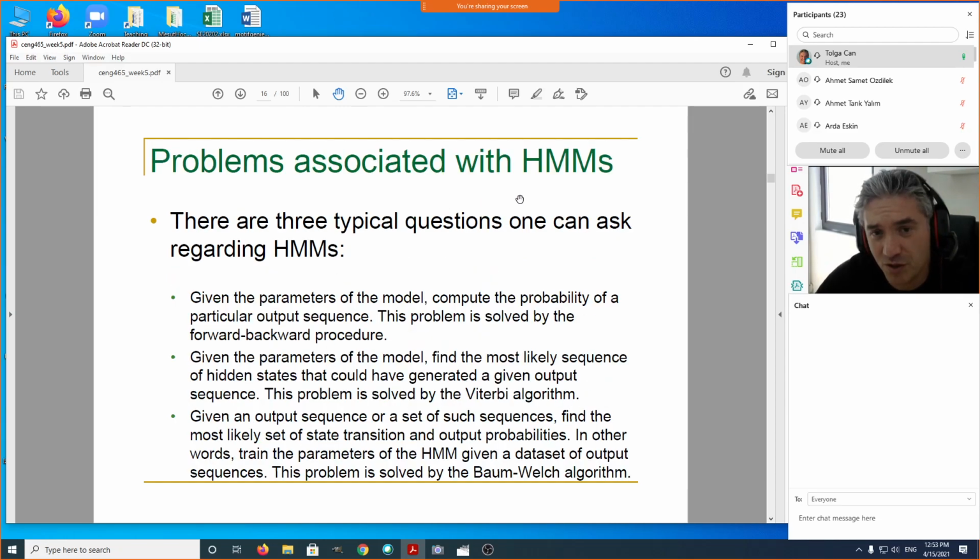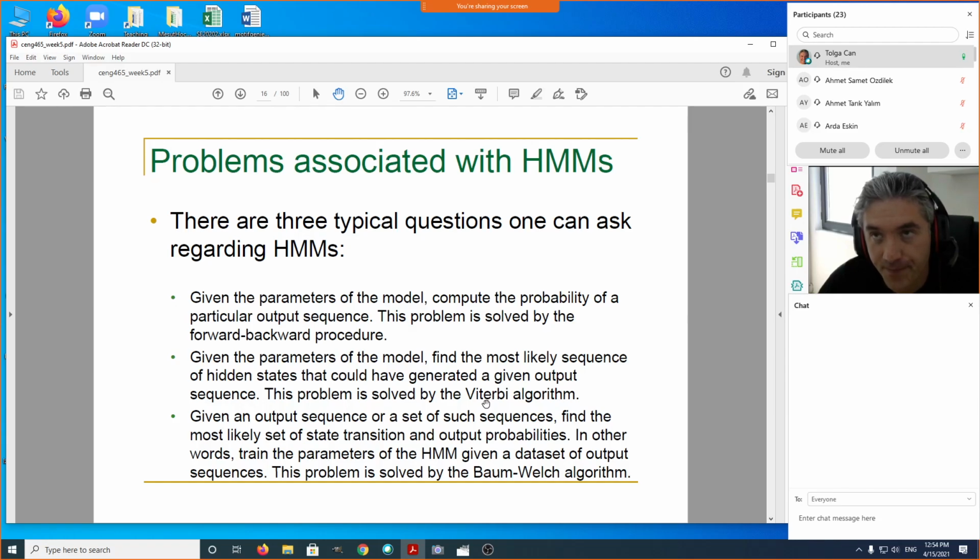Now, the problems associated with hidden Markov models, the questions we can ask, I asked some of those actually. Given a model, we can compute the probability of a particular output sequence. This is like if you observe a zebra for a day, you can compute how probable this observed outcome is, coming from this hidden Markov model. There's a forward-backward procedure to solve this. It's actually very similar to the Viterbi algorithm.